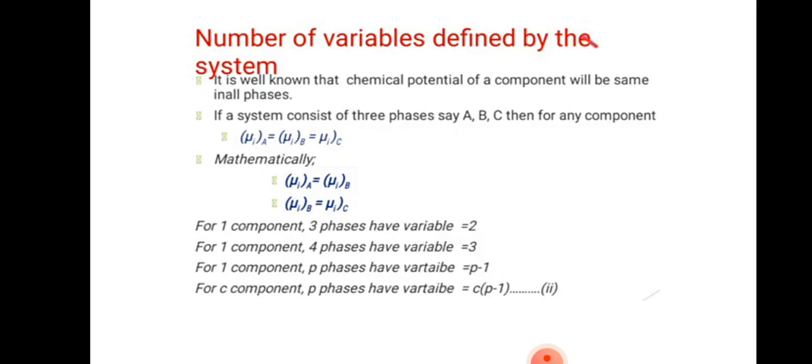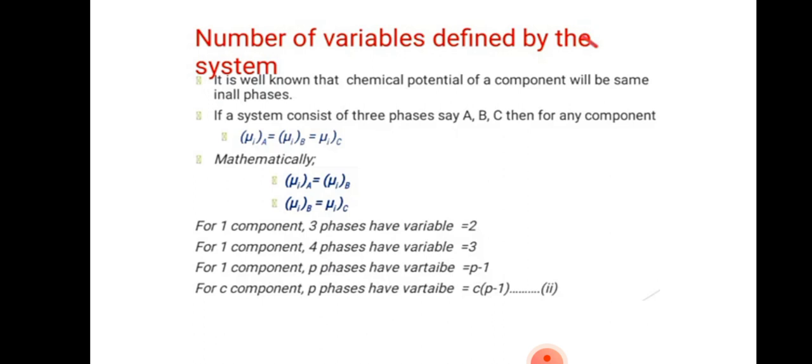So suppose a system consists of 3 phases, A, B and C, then for any component the chemical potential mu A is equal to mu B is equal to mu C. So if there are 3 phases like A, B and C, 2 equations are known for each component.